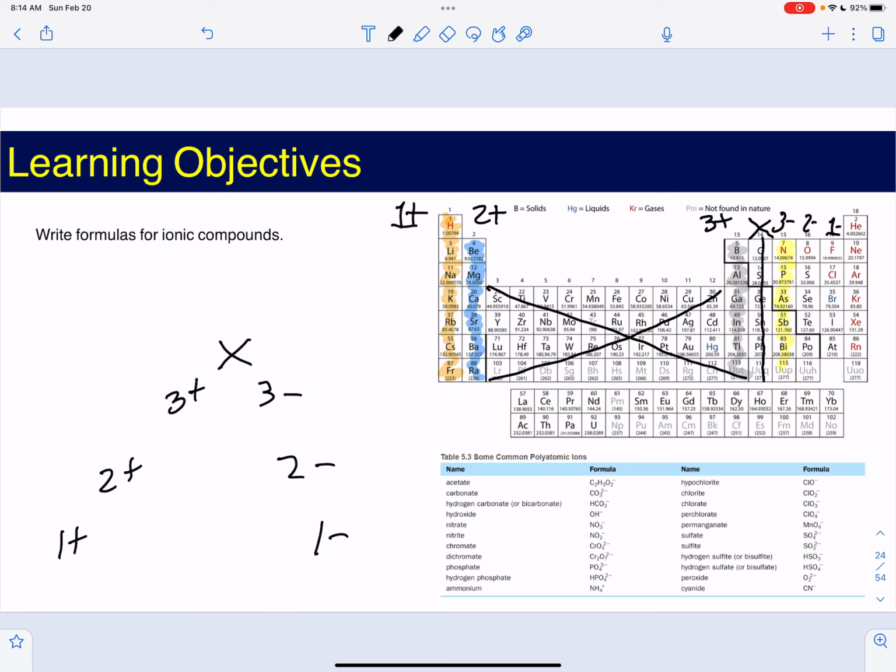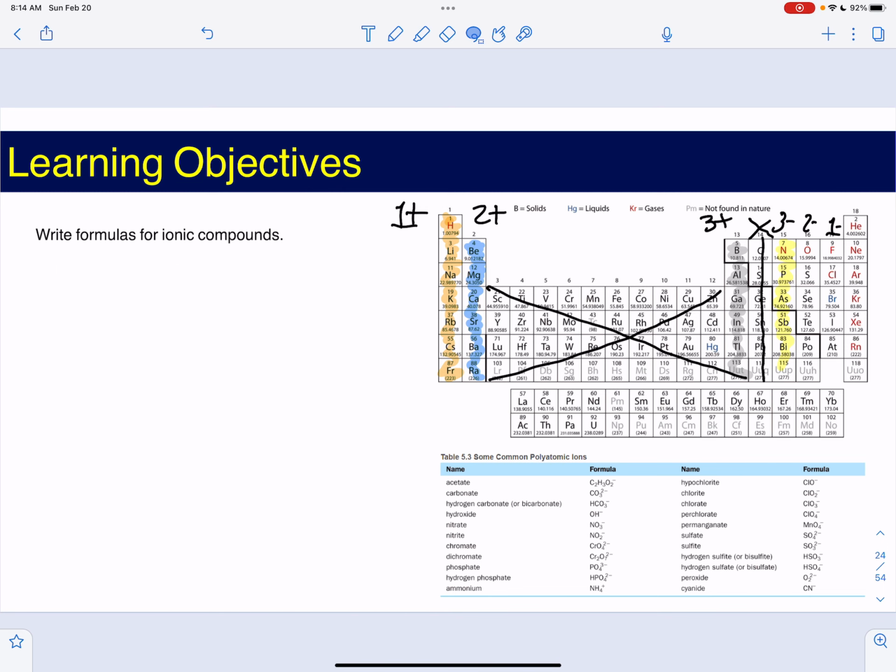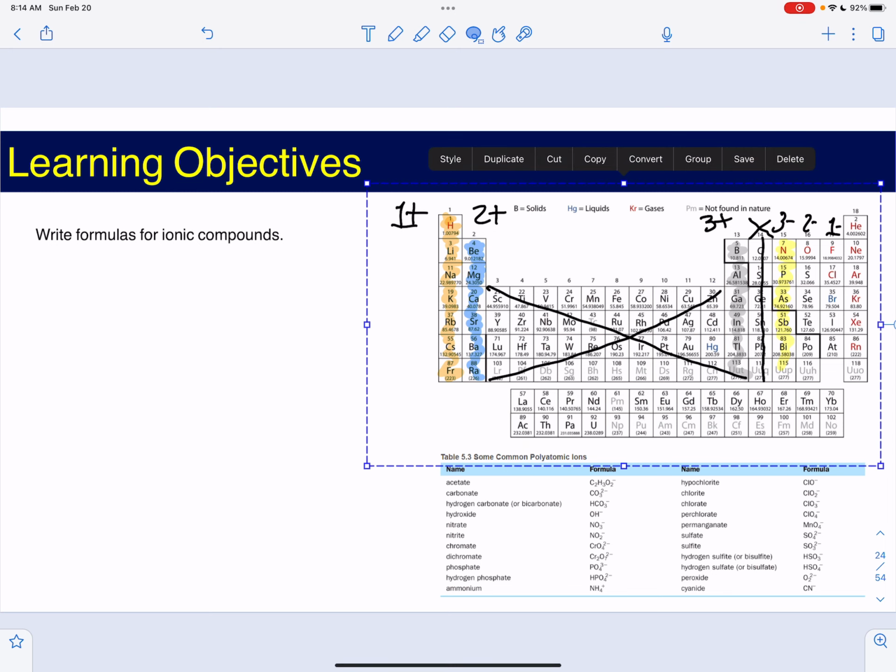And why is that? Well, let me show you something. I mentioned before that we had different types of families.